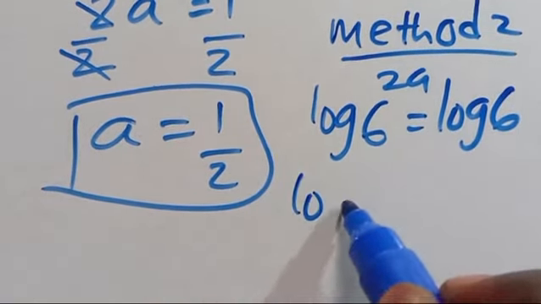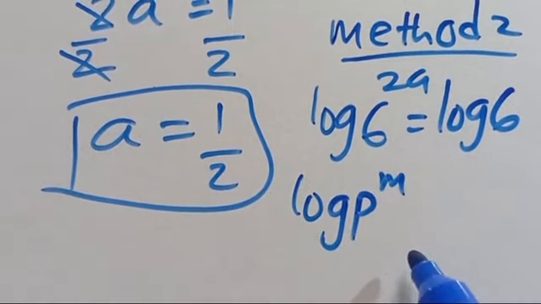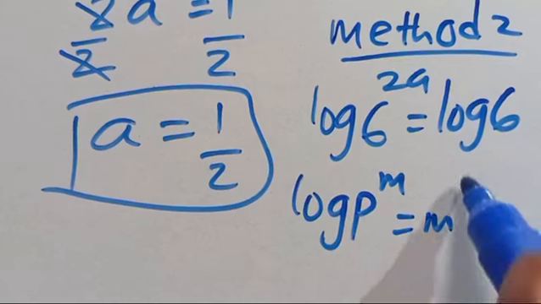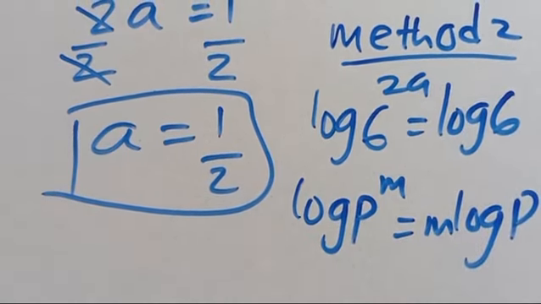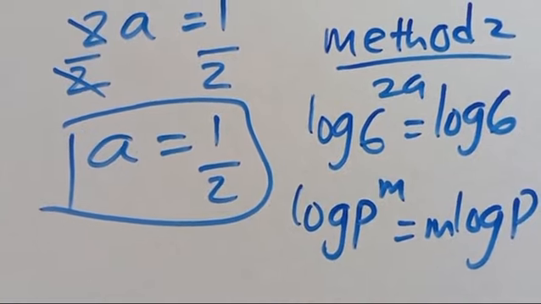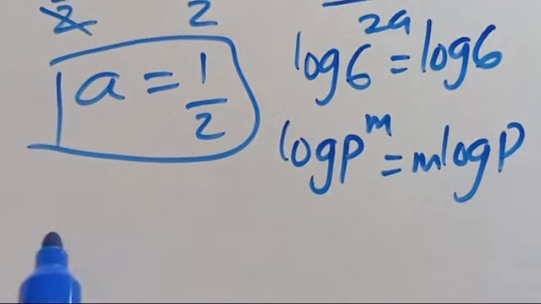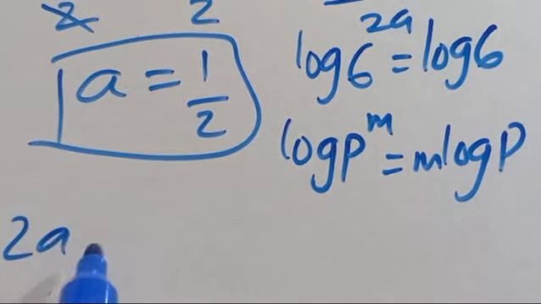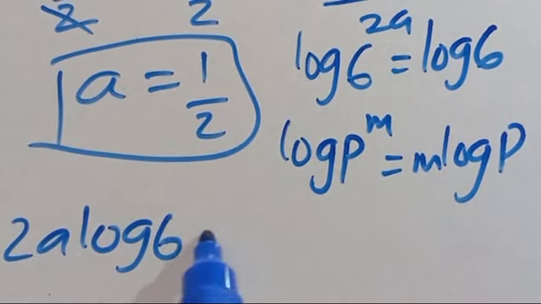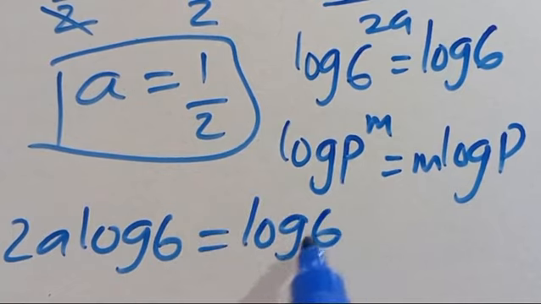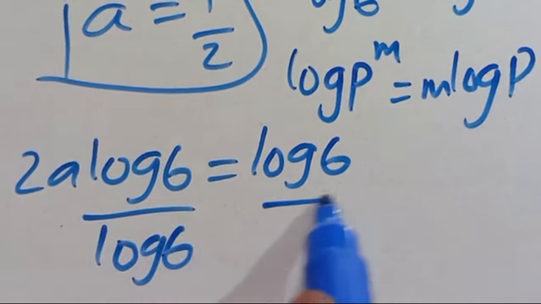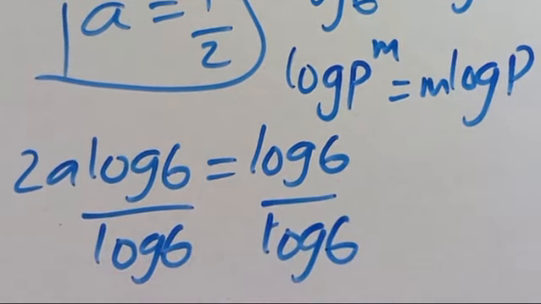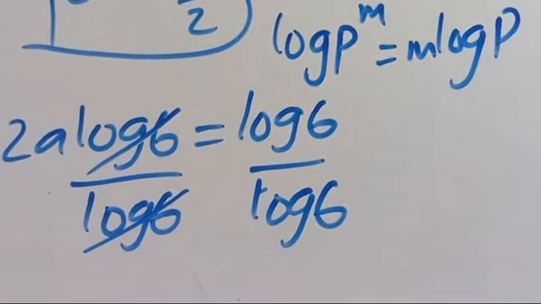When we have log p to the power of m equals m multiplied by log p, the power will come down to the front. And so from here we have 2a multiplied by log 6 equals log 6. Dividing through by log 6, this will take away this.